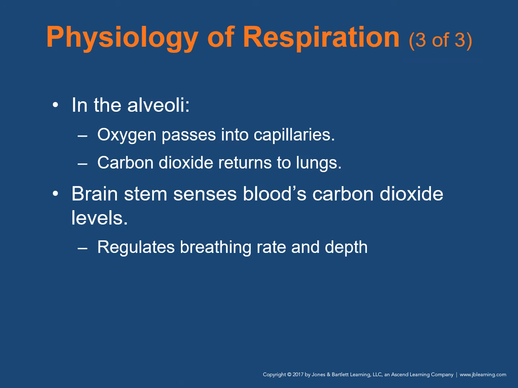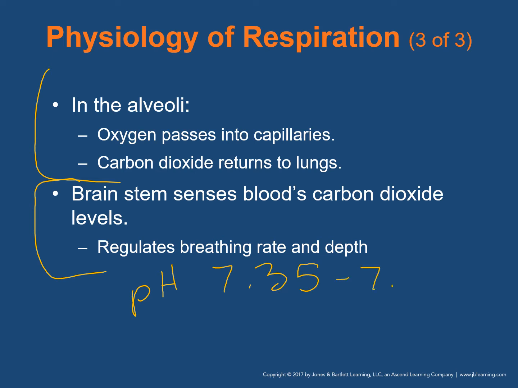Okay, we've talked enough about the oxygen passing into the alveoli and passing into the cells already. So let's talk about this second part. Brainstem senses blood's carbon dioxide levels. Our body likes homeostasis, and we like to have our pH level at 7.35 to 7.45. In addition, we like to have our carbon dioxide level at 35 to 45.